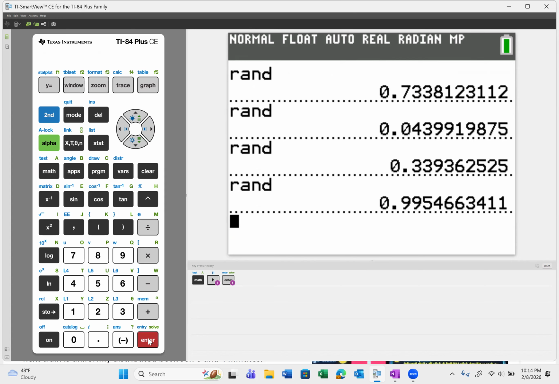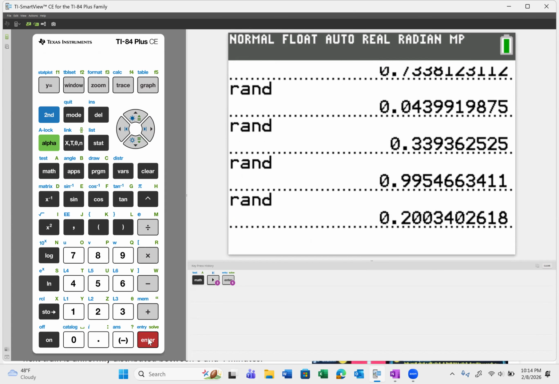If we're looking at values between 0.3 and 0.5 out of these numbers, I've got one of them in that interval, and the others are not. But if we were to generate lots of random numbers like this, about 20% of them would turn out to be between 0.3 and 0.5, according to our model.